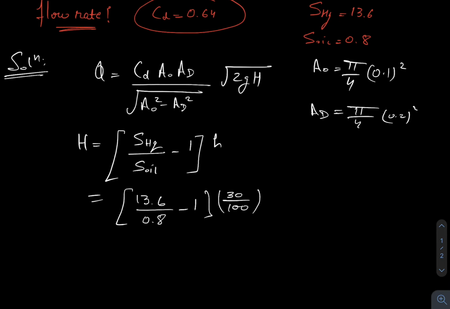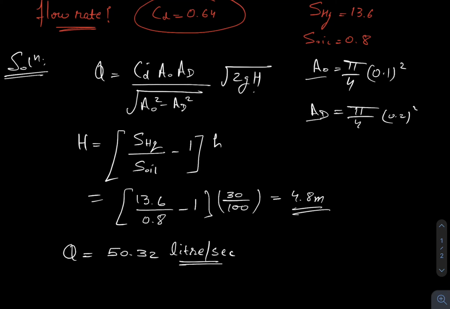After calculating, you will find this comes out to be 4.8 meter. Capital H will be equal to 4.8 meter. Now when you put this value of capital H, 4.8, and A naught, AD and CD in Q, then Q will come out to be 50.32 liter per second.